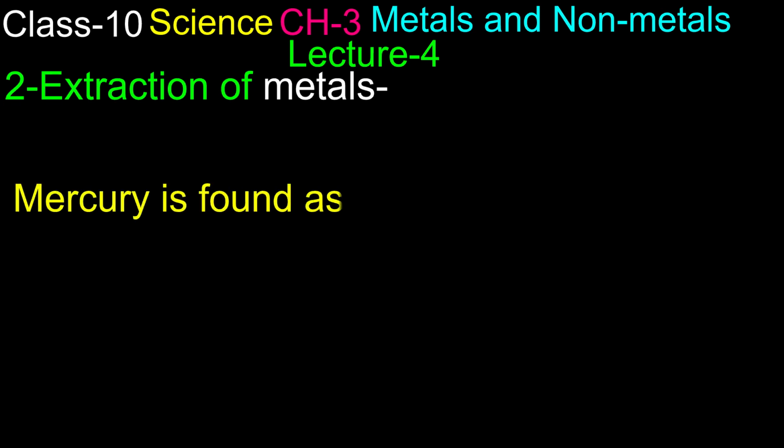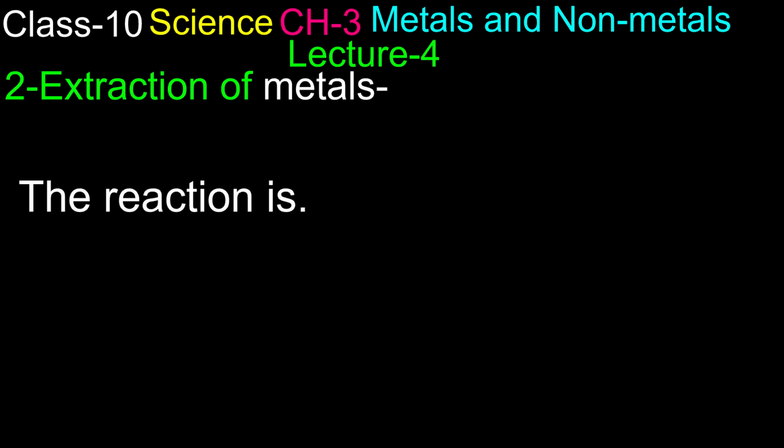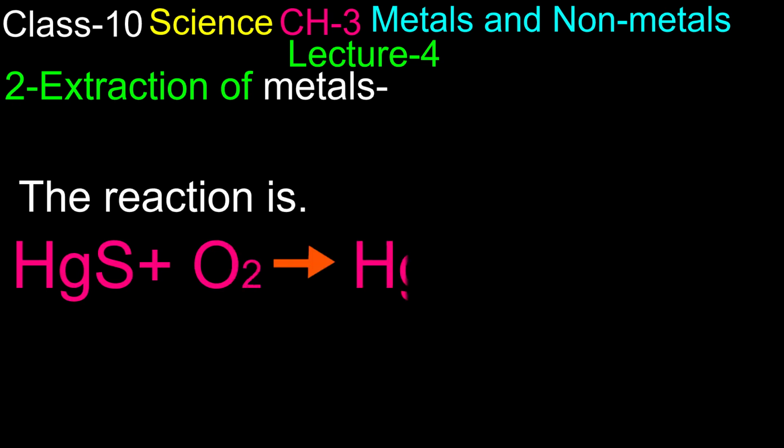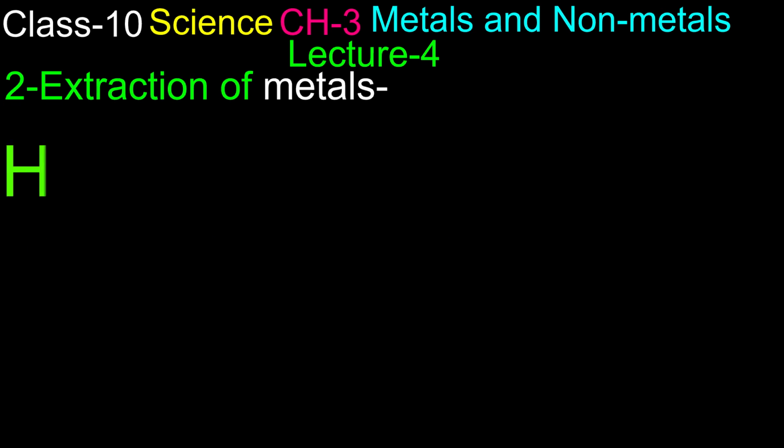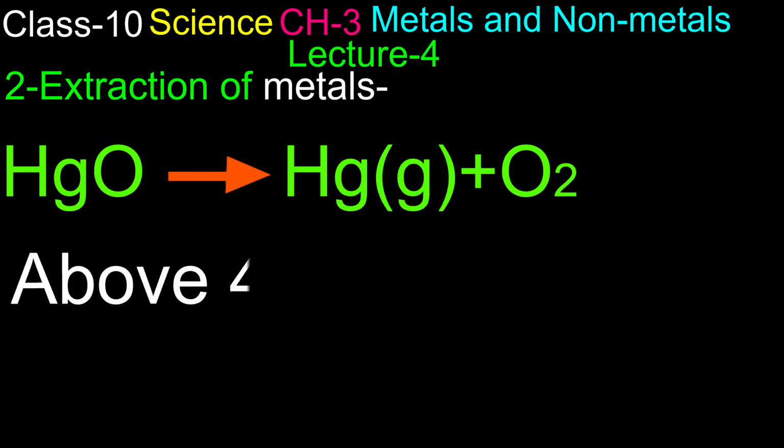Mercury is found as mercury sulfide or HgS, which is first roasted. The reaction is HgS plus O2 produce HgO plus SO2. HgO produced like this can be decomposed simply by heating up to 400 degrees Celsius.